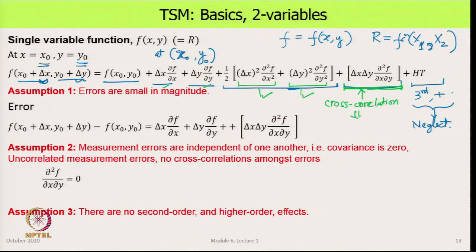In terms of uncertainty analysis or experimentation, it tells us that error in one variable, say x, is somehow connected to the error in y. That means, these two errors are not completely independent of one another.